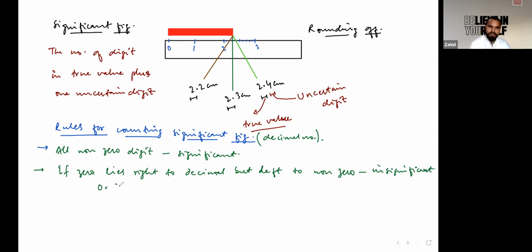Suppose 0.04. In this part, this 0 is right of the decimal but left of the non-zero digit, so it will be insignificant. Is it clear? Sure. Is it clear?